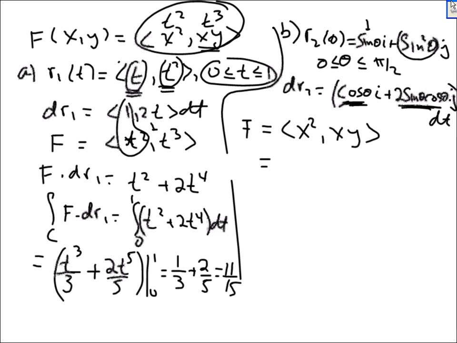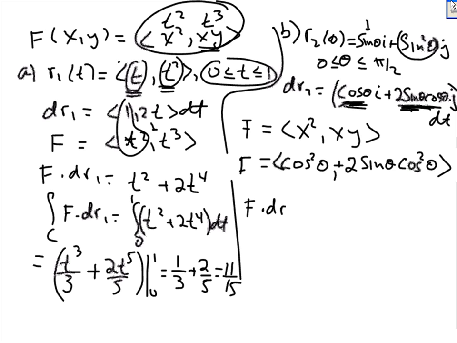So x squared, cosine squared theta, comma, xy. Multiply these two, you get 2 sine theta cosine squared theta. That is f.